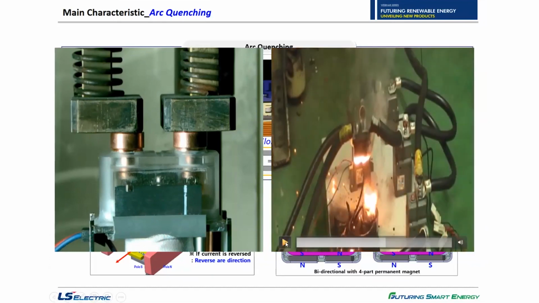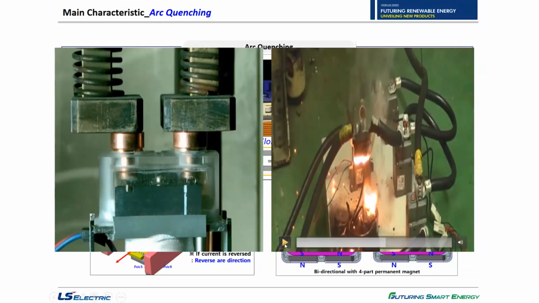So there is a fire inside of the epoxy molded DC contactor, whereas our DC contactor has no damage at all. So I can definitely tell that a ceramic sealed system, which we are choosing right now, is better than our competitors.